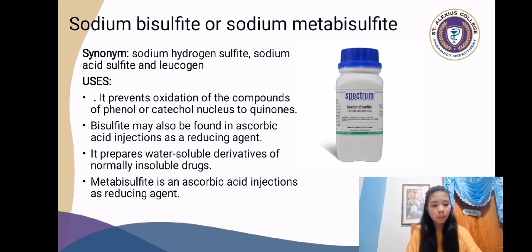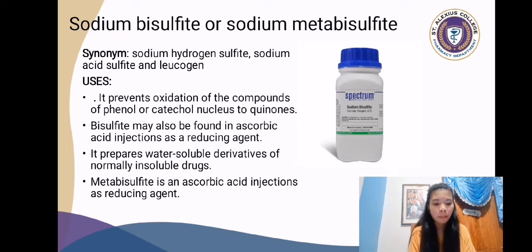Next is the sodium bisulfite or sodium metabisulfite, also known as sodium hydrogen sulfite, sodium acid sulfite, and leucogen. The use of this is that it prevents oxidation of the compounds of phenol or catechol nucleus to quinones. Bisulfite may also be found in ascorbic acid injections as a reducing agent.